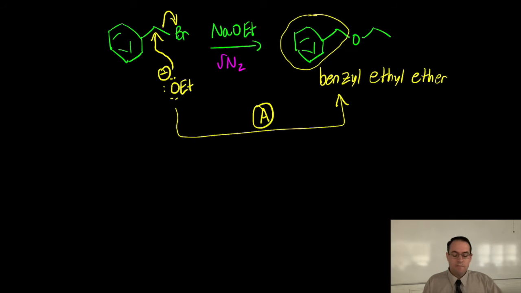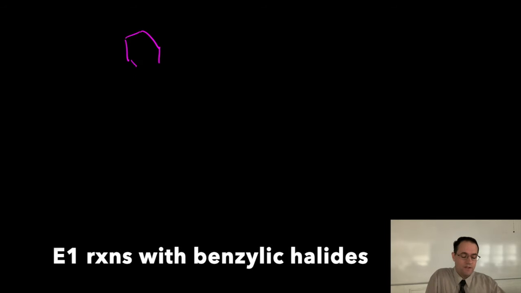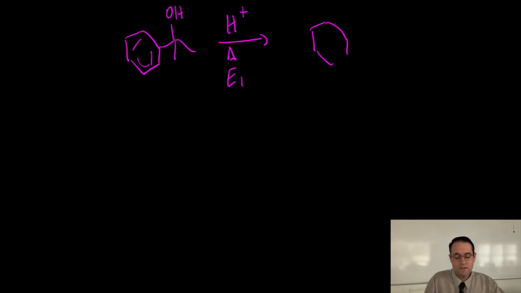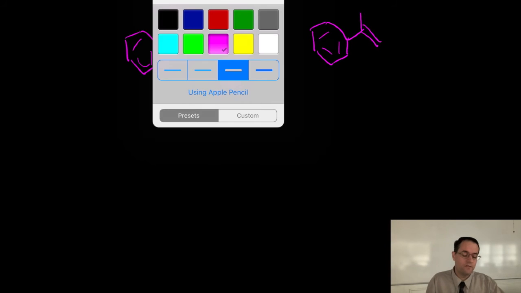All right, the other thing that you can do with alcohols is do various elimination reactions. So if we've got something like this, and we treat this with acid and heat, we can get an E1 reaction occurring to give us a molecule that looks like this.